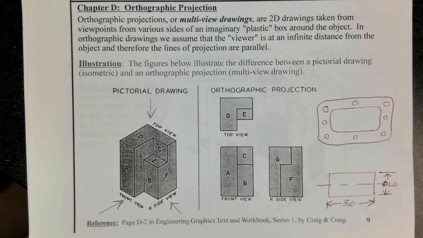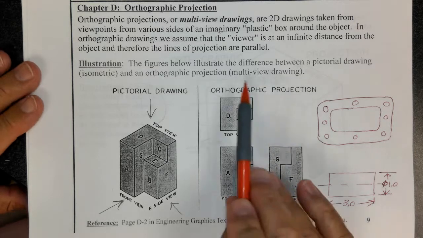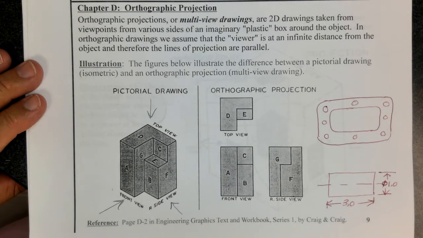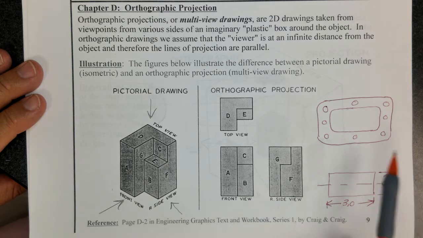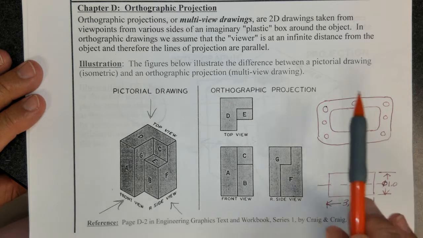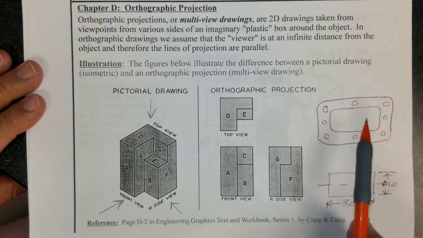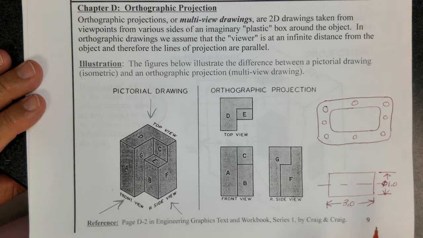Okay? Now, this is called orthographic projection, which we're getting ready to get into very heavily here. And you always want to show at least, sometimes you can get by with one view, like a gasket. As long as you tell the thickness of the part, you can get by with one view. Maybe even a cylinder.